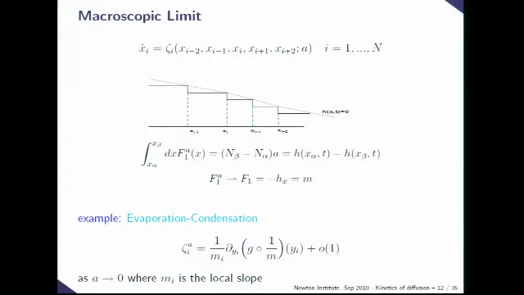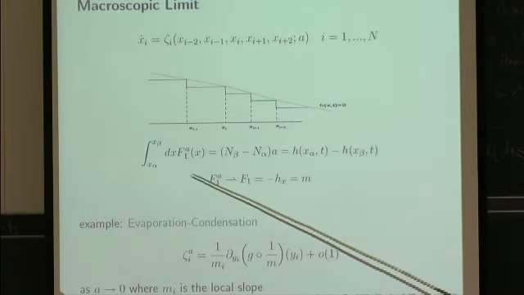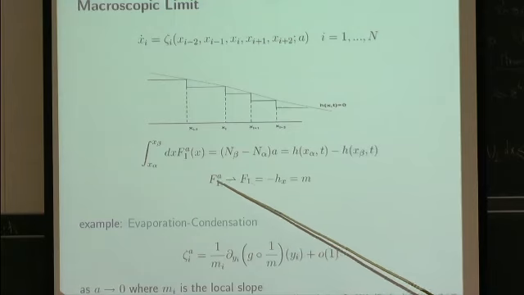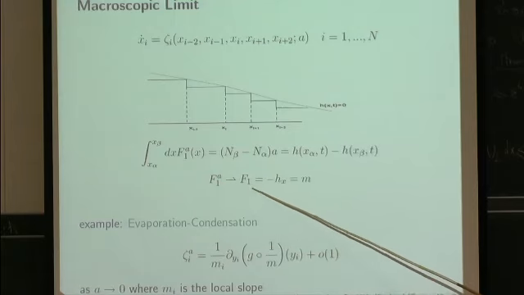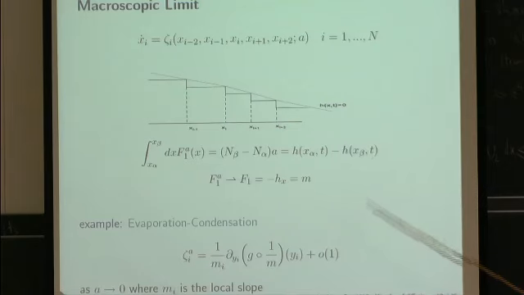So it will be of the form nb minus na times a, where nb is the position of the point xb and na is the position of the point xa. So it will be like the difference of the heights. And that means that in the limit, f1a will be the function that is the slope of the curve.